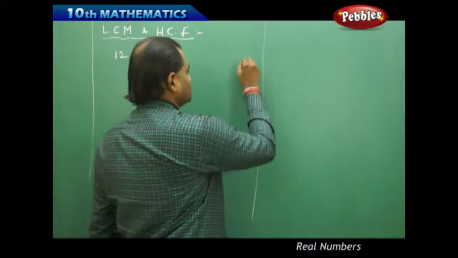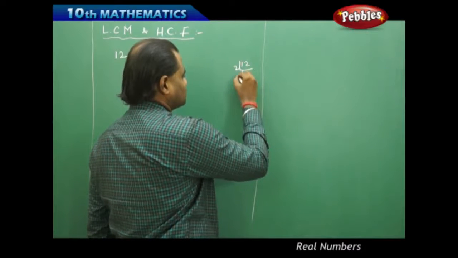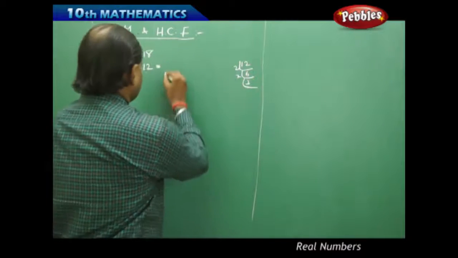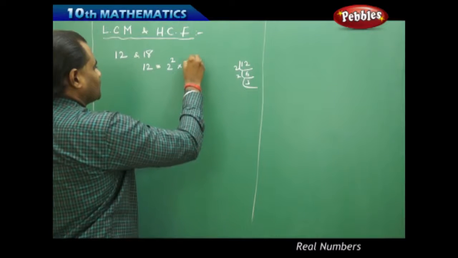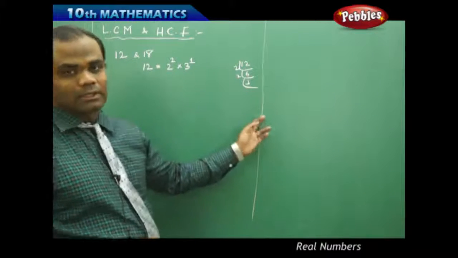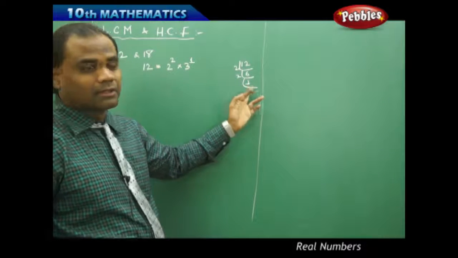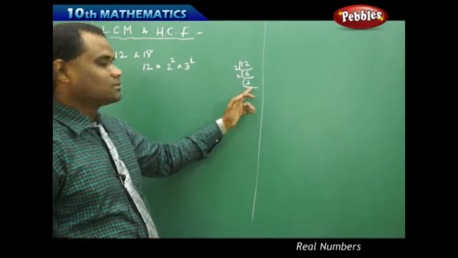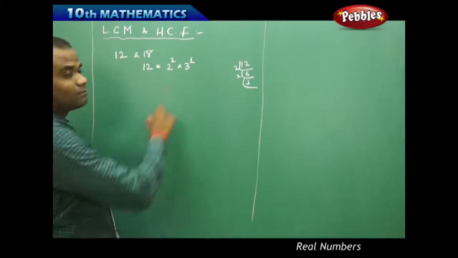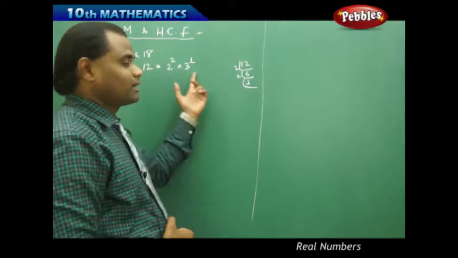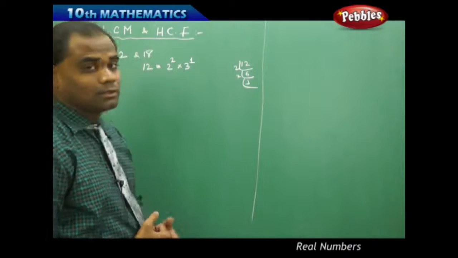As we know, 12 with the prime factorization method is 2 times 6, 2 times 3, which can be written as 2 square into 3 power 1, because 4 threes are 12 and there are two primes, which are 2 and 3. Therefore 12 can be written as 2 square times 3 power 1, because these are the prime factors for 12.